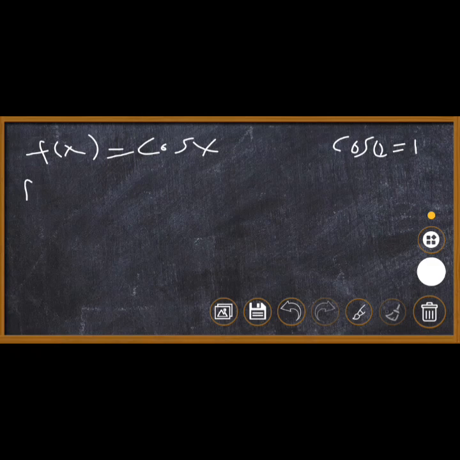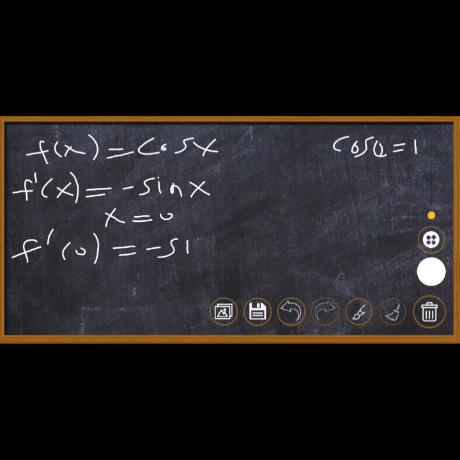The derivative of cos x is negative sine x. So let's also replace where there is x with a 0. What are we going to have? What is the sine of 0? It's just 0.